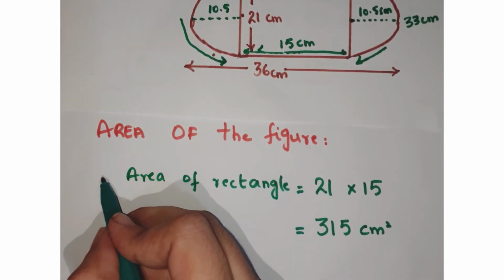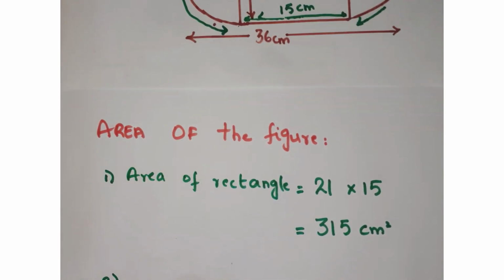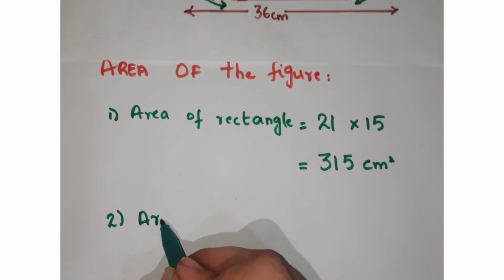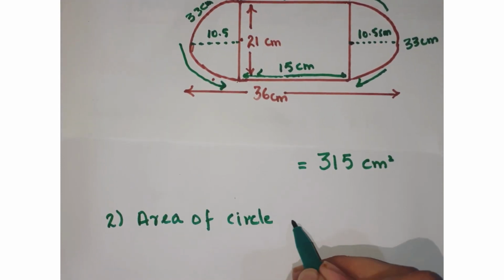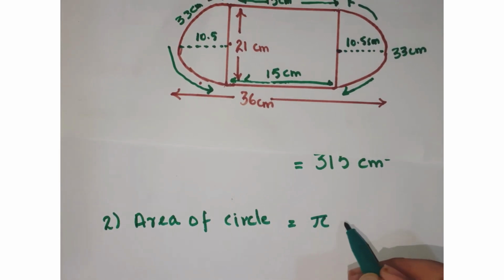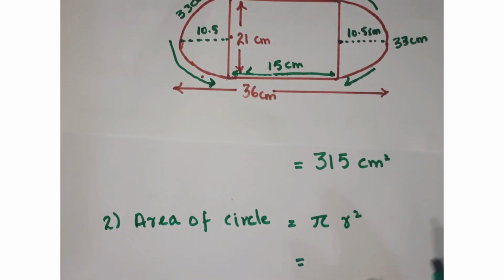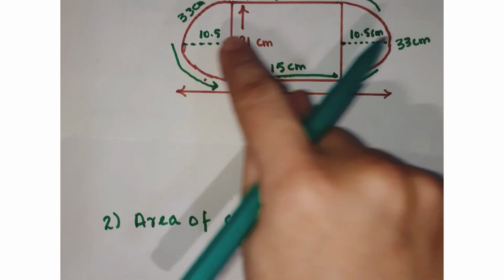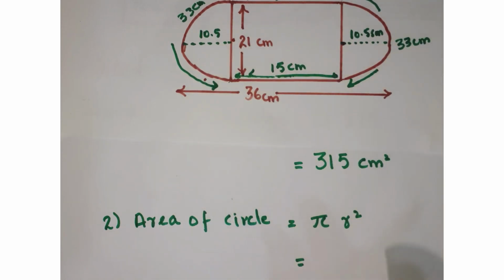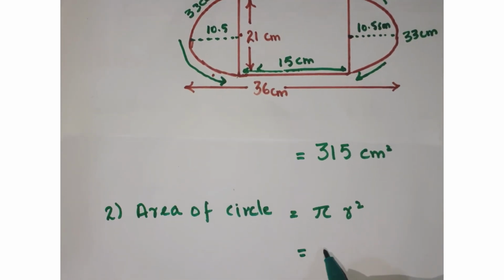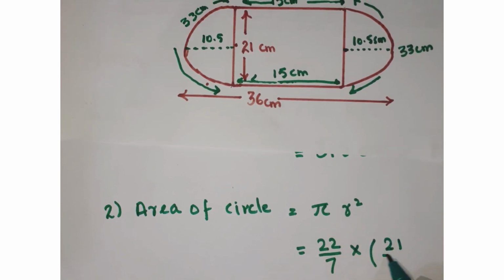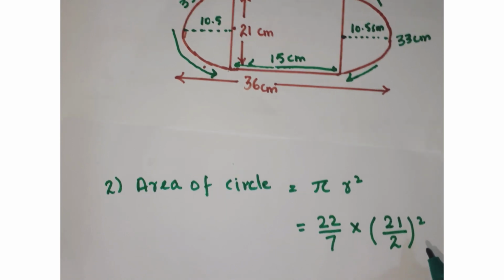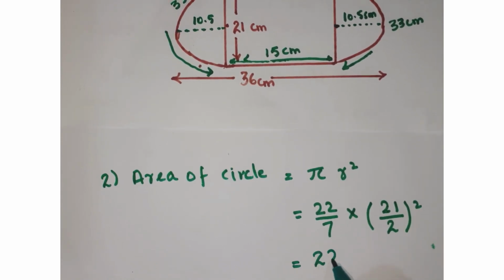Next, we are going to find the area of circle, which is equals to pi r square. Listen, again I am explaining. This semicircle joined together will make a single circle. So just find the area, that is 22 upon 7 into radius, 21 upon 2, whole square. Just expand it.